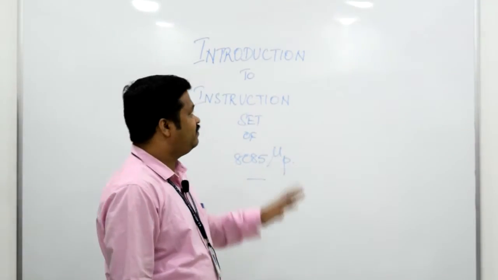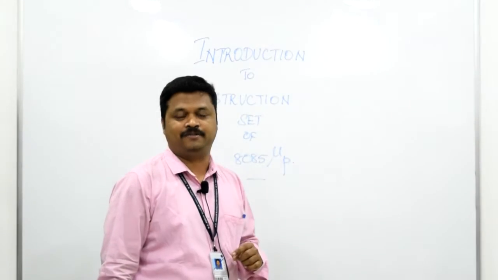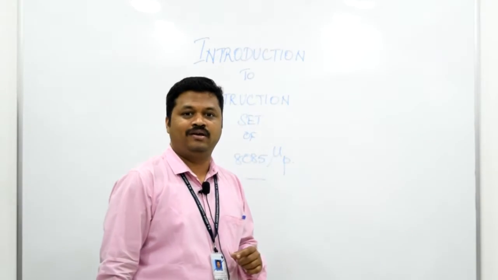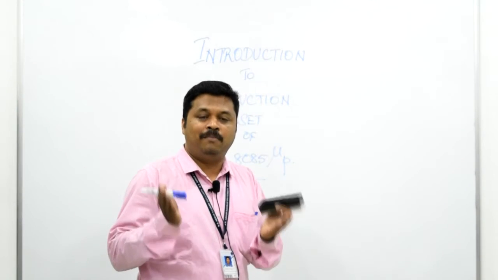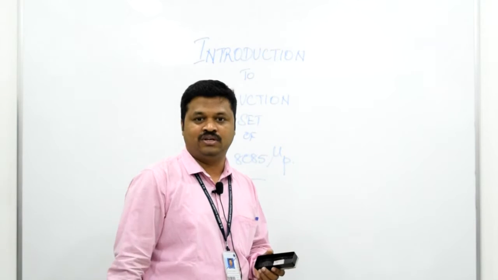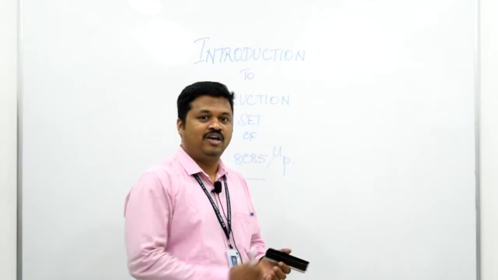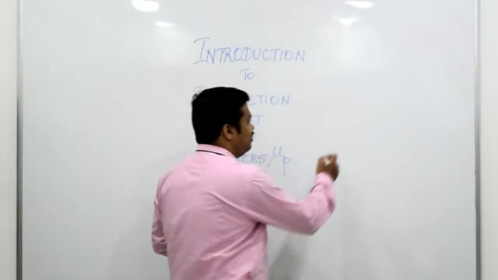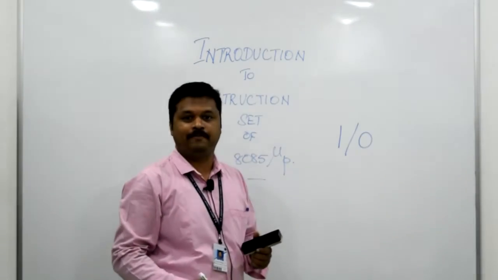I am going to take you to the introductory part of the 8085 instruction set. To know it, you have to know the basic number system that your system would use. Your basic number system would be binary digits. Digits in the sense, it can be either 1 or 0, that is a bit.